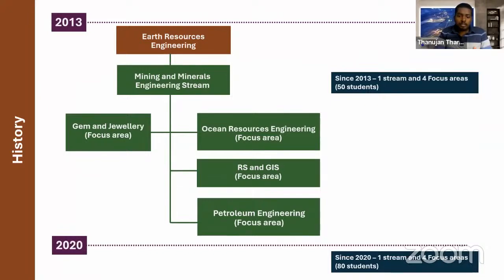The minor programs were converted to focus areas, and another focus area, petroleum engineering, was introduced. Again in 2020, during the next curriculum revision, the student intake was increased to 80. There are some ups and downs in the student counts, and sometimes it reaches 100, but the intake will be limited to 80.